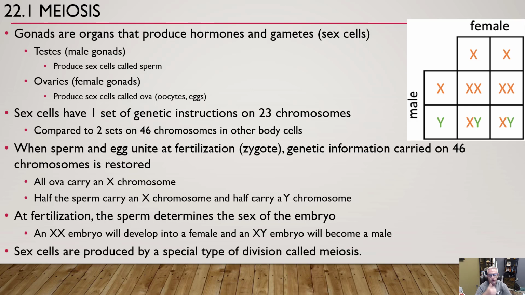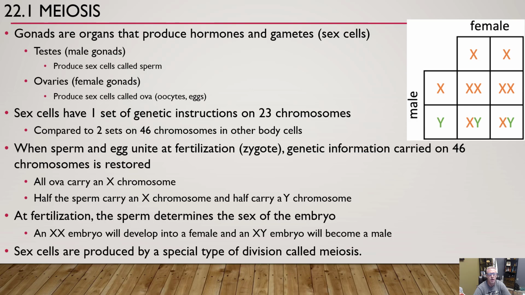So first is meiosis. First, we have these things called gonads. Both males and females have gonads. They are just essentially organs that produce hormones and gametes. Gametes are just sex cells, and males' gonads are called testes, and they produce sperm.